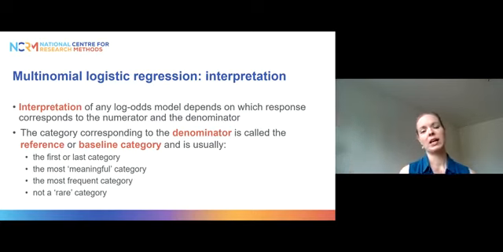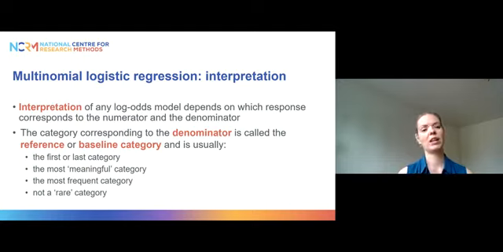Mathematically speaking, it doesn't really matter which baseline category you choose, but there are different choices that you can make which might make your life easier when you're trying to interpret the results of the model. So in case your outcome category is ordered, you might choose the first or the last category.